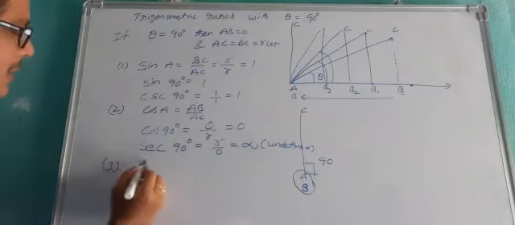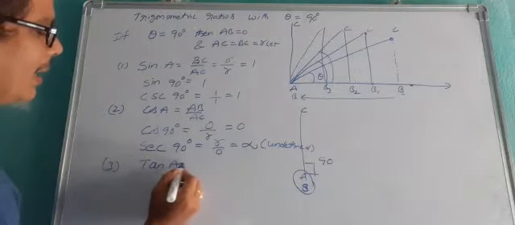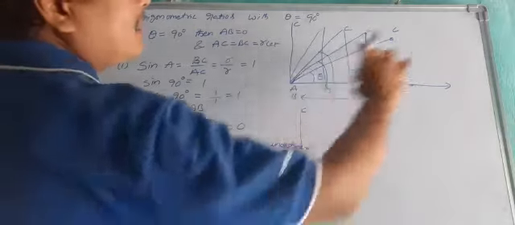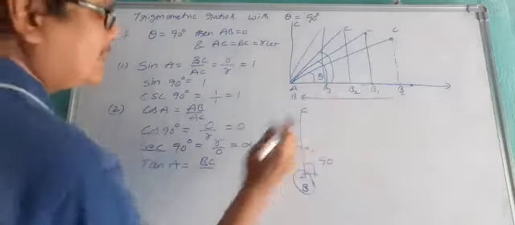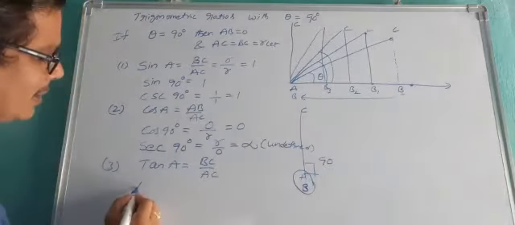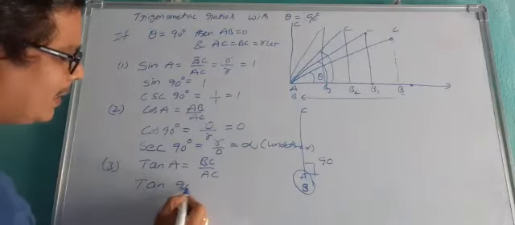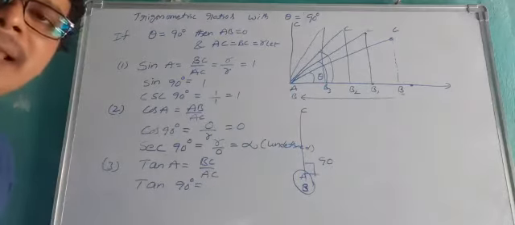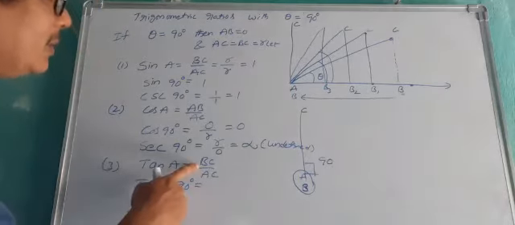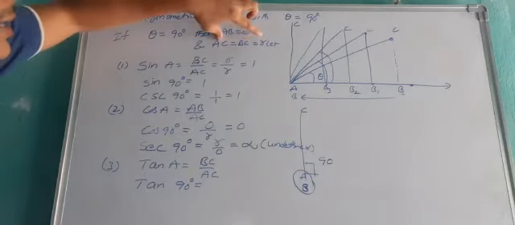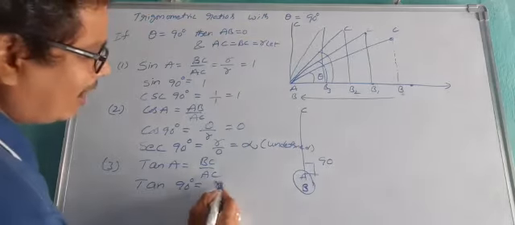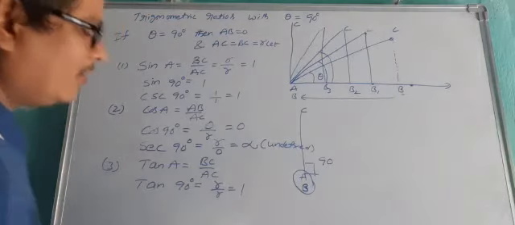And the third one is tan A. Tan A means opposite side BC by adjacent side AB. When the angle becomes 90 degrees, the value of BC is equal to the value of AC, that equals what? R. R by R equals 1.